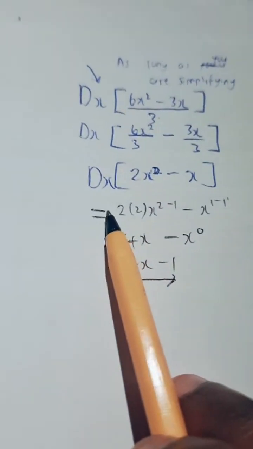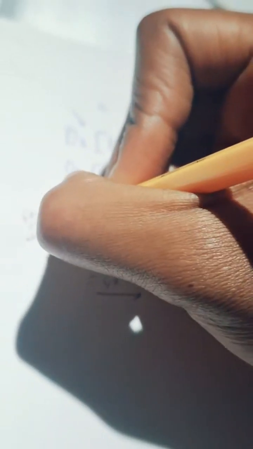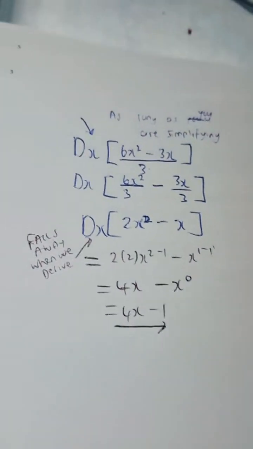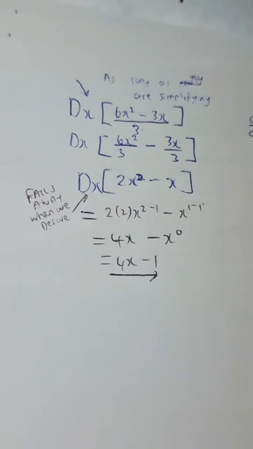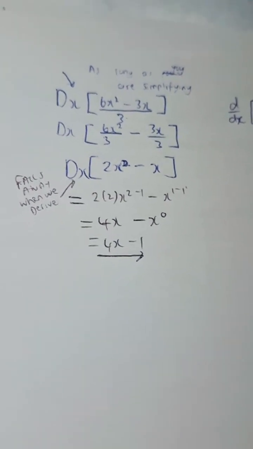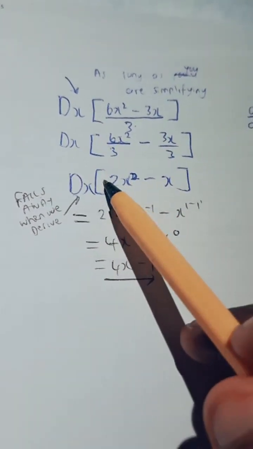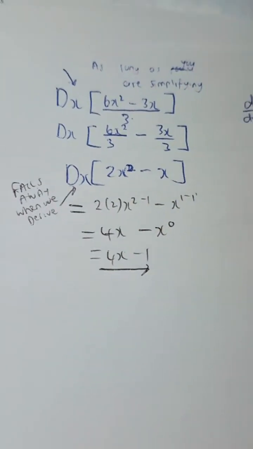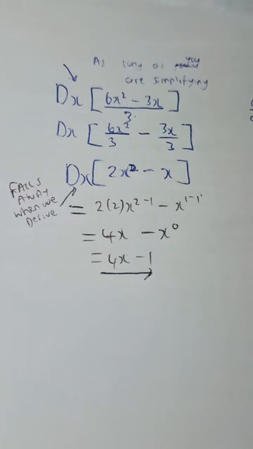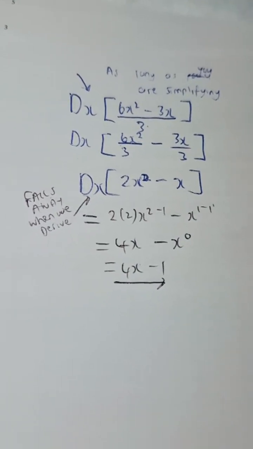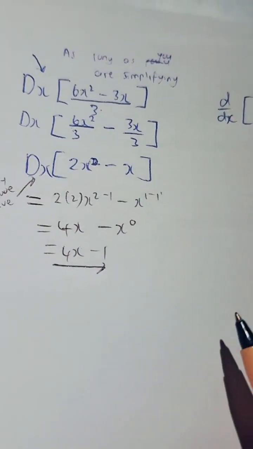So the dx fell away when we derive. Dx falls away, and that's very important. Some learners don't make this fall away, and they keep it all the way, and that's where notation errors will lead to marks being taken away from us.